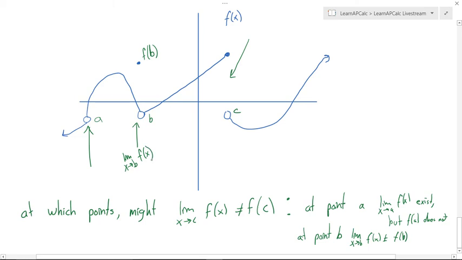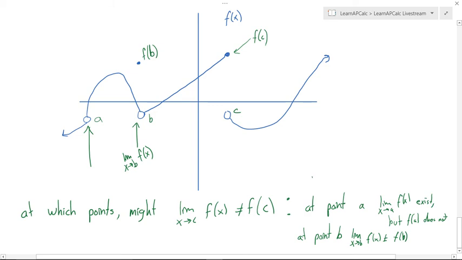Now if we look at point C, I can see that my limit's not going to exist. We have a jump discontinuity. We're approaching this point from the right and this point from the left, so our limit doesn't exist. However, the function is defined right here. So this is f of c.